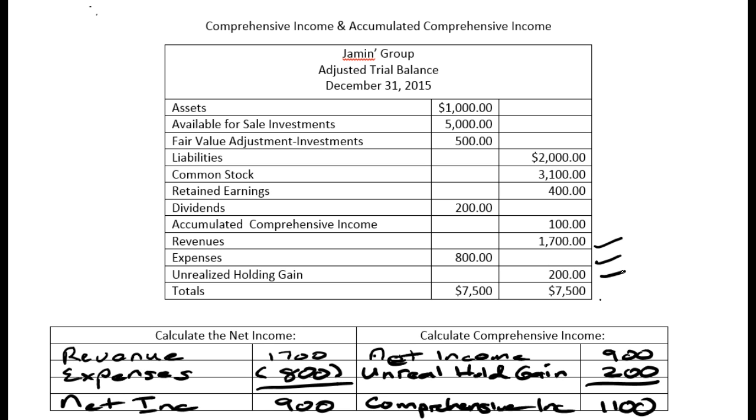We add that into net income, and our comprehensive income for the period is $1,100. So our net income for the period is $900, but our comprehensive income is $1,100.